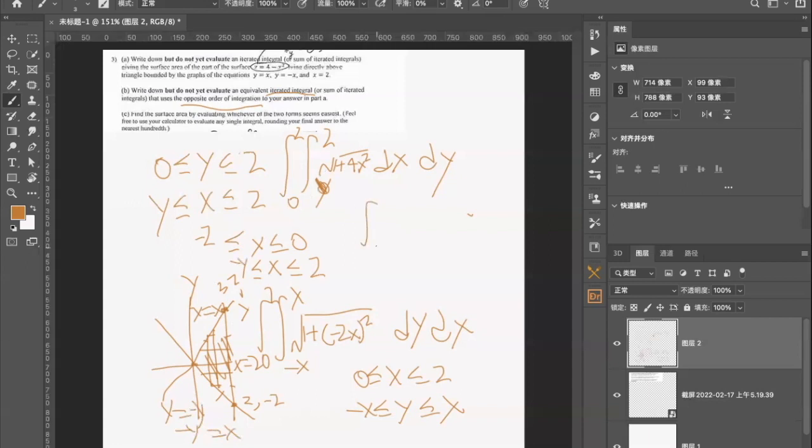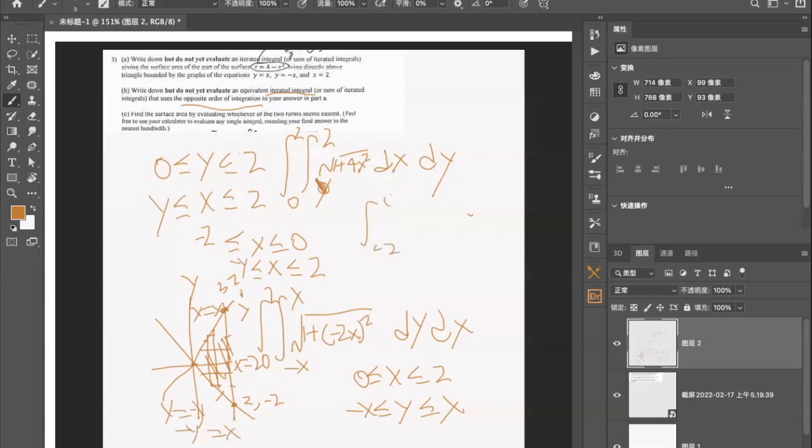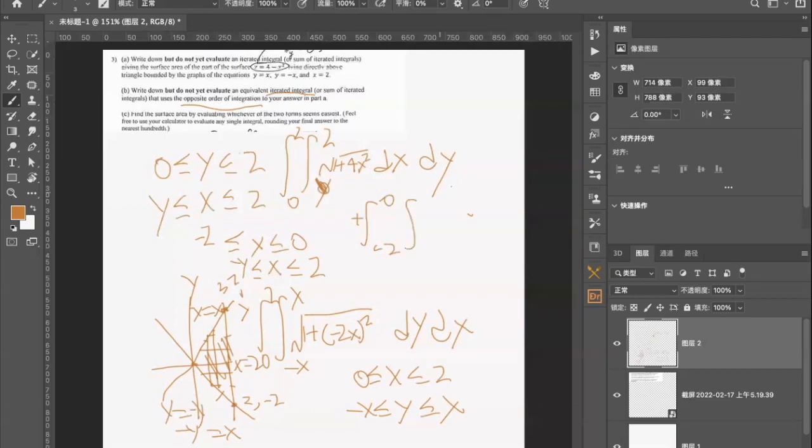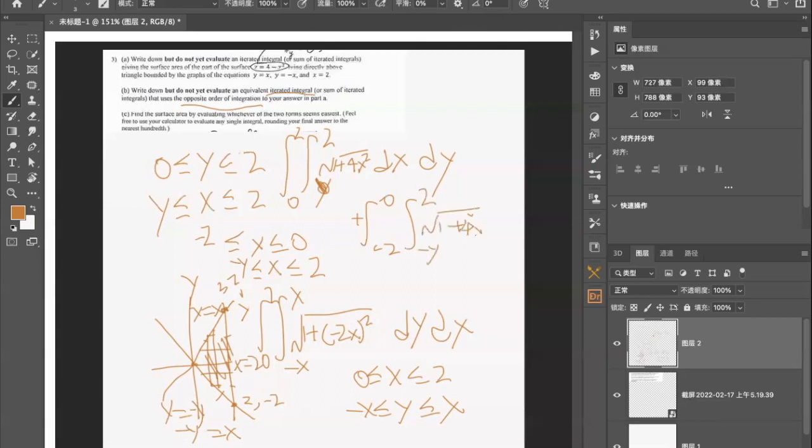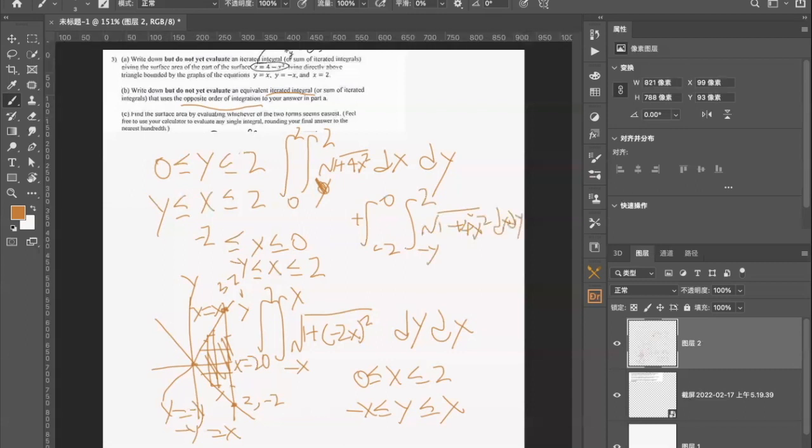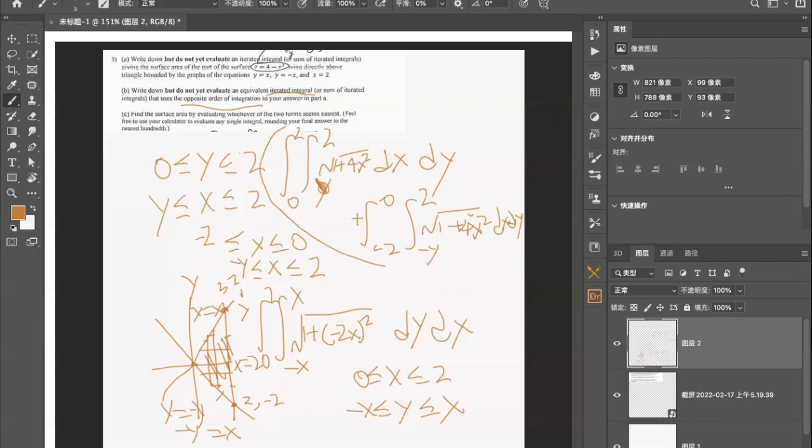So what do we get? Well, negative 2 to 0, and then negative y to 2 of the square root of 1 plus 4x squared dx dy.